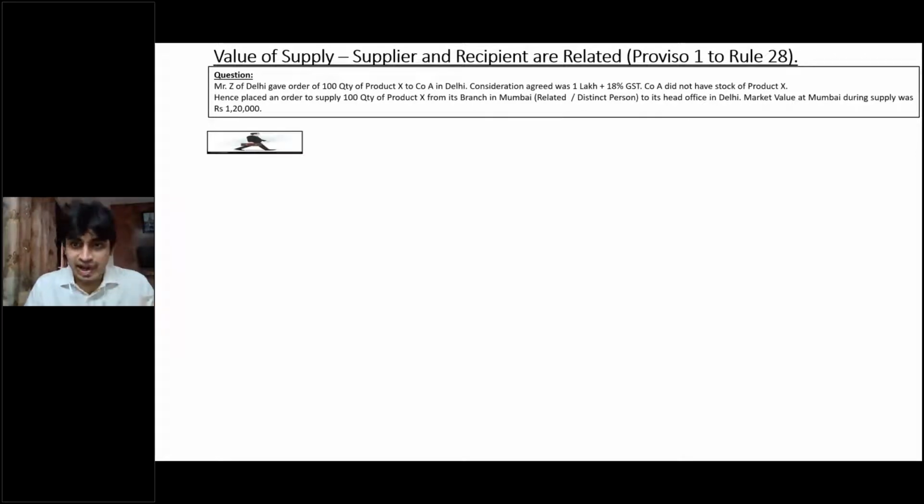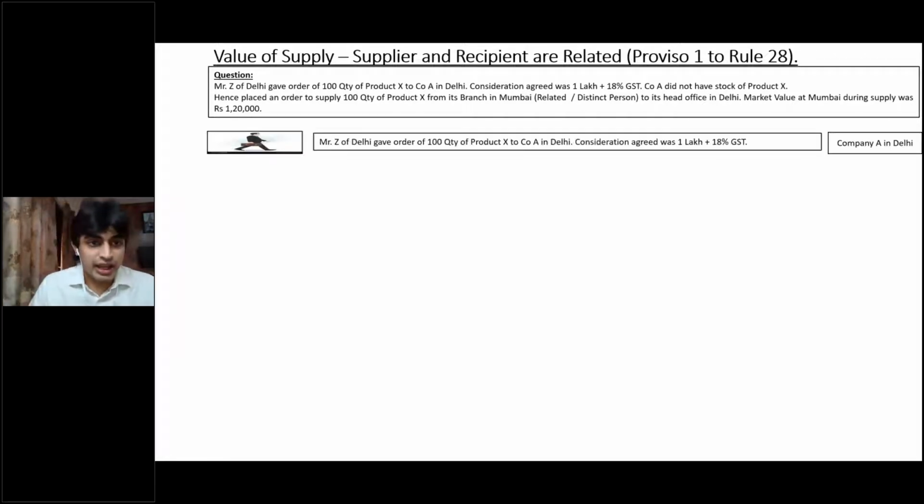Now see this, how this sequence works. Say Mr. Z was there. He wanted 100 quantity of product X, so he placed an order on company A, where both were in Delhi. Order placed. Consideration agreed was 1 lakh plus 18% GST. This is what he is going to pay to me in Delhi.